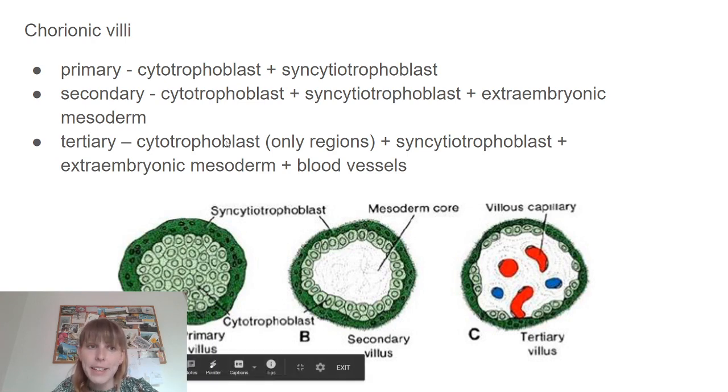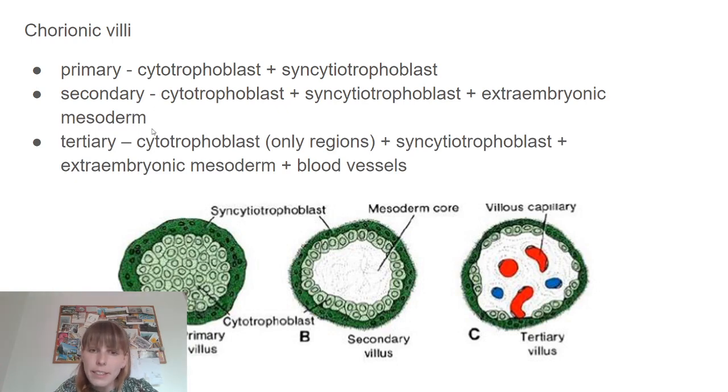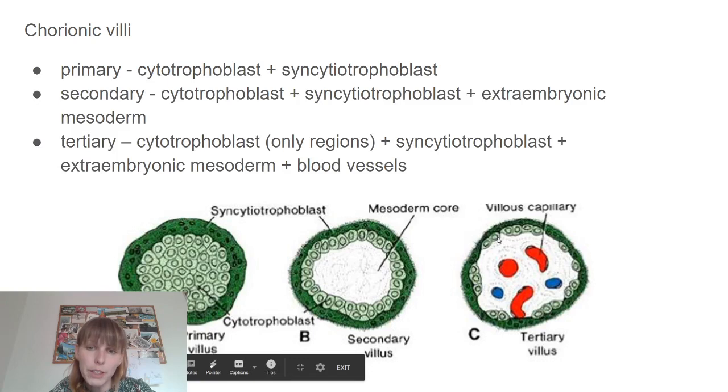So this is the secondary chorionic villus, and how to differentiate it from the tertiary chorionic villus is that here you will start seeing blood vessels inside. So you still have some cytotrophoblast, but it will start to disappear. It will not be there always.